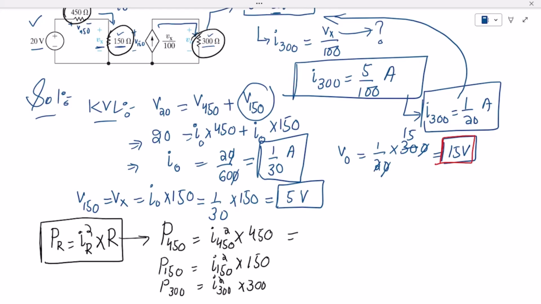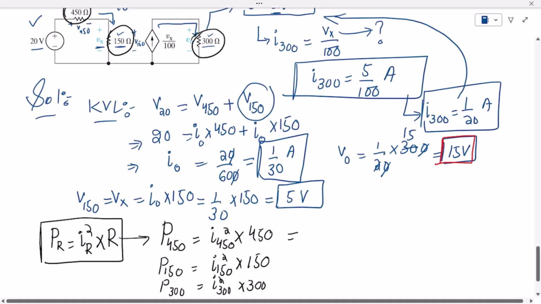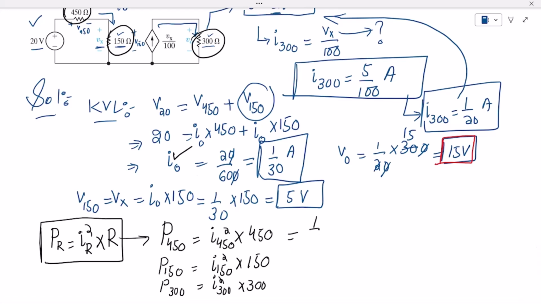Do I know the value of this I450? Yes, that is already known, and it was basically this I naught. So let me put it here: I naught whole square multiplied by 450. As the two resistors are in series, this one will also be I naught square multiplied by 150.